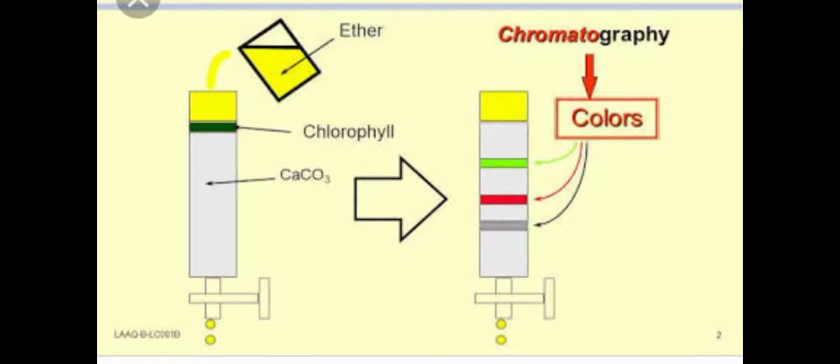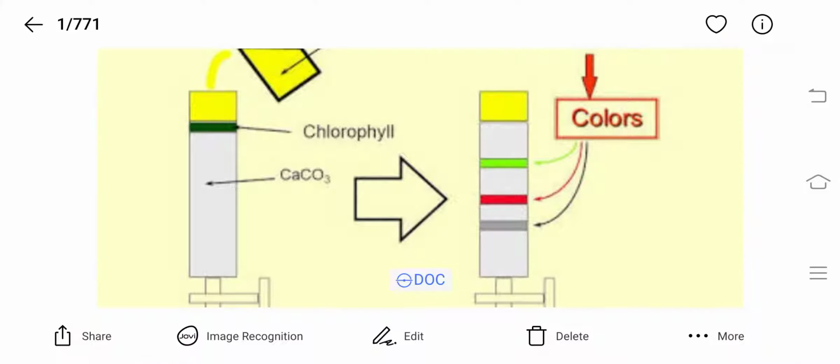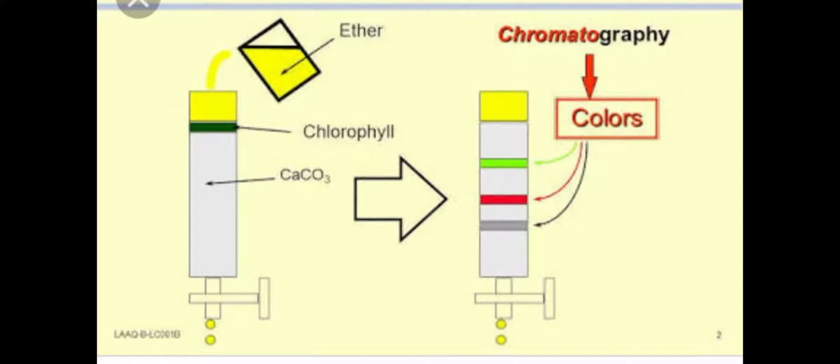The leaf extract separated into different color bands like anthocyanin, different kinds of chlorophyll, and carotenoids, etc. So this was the first experiment in 1903.